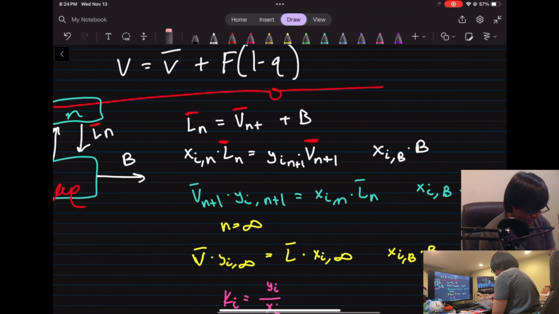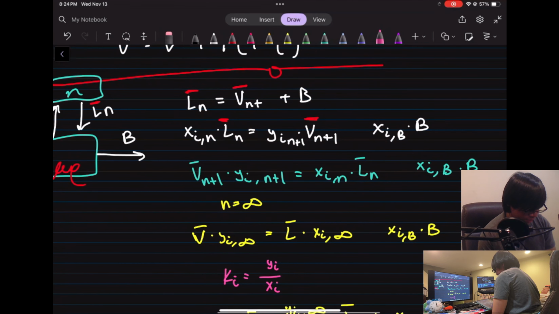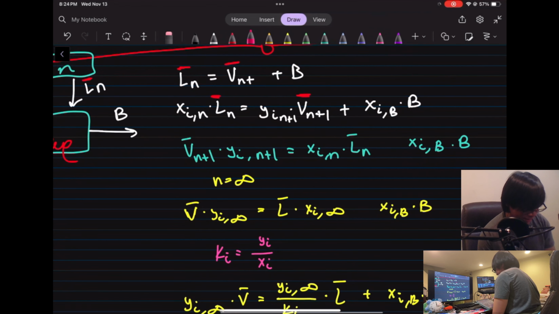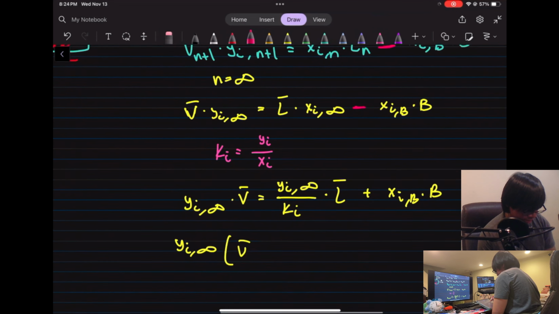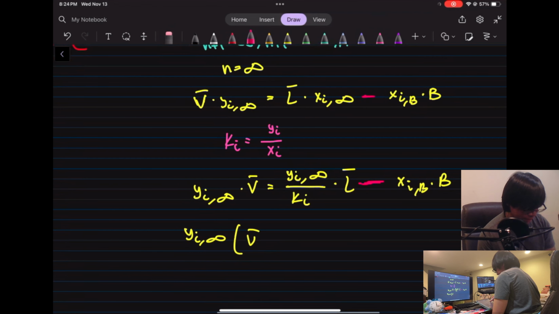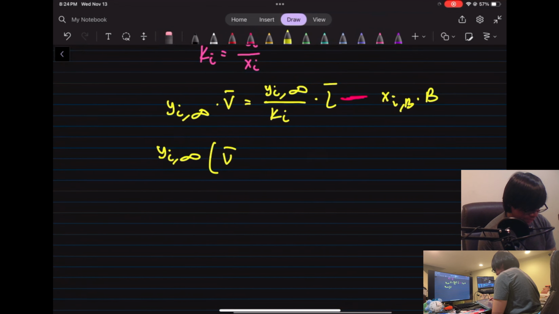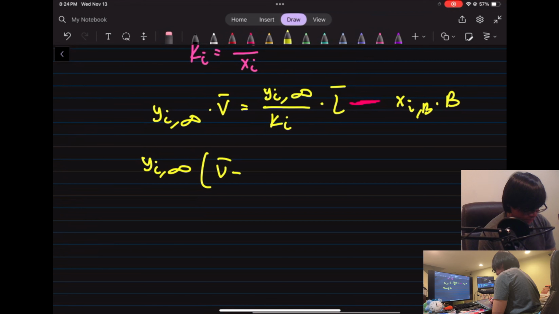So vapor minus, I moved it down here on this third line, sorry. So when I do liquid minus bottoms, liquid minus bottoms, liquid minus bottoms. Good thing I caught that. Okay, so that's vapor, V bar, and then factor out L bar over Ki equal negative, then recovery of the bottoms.